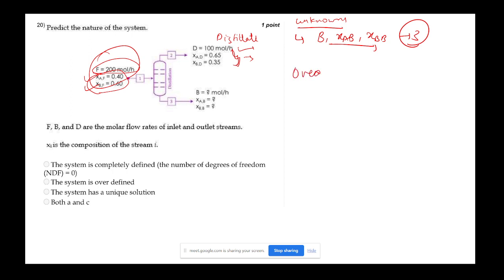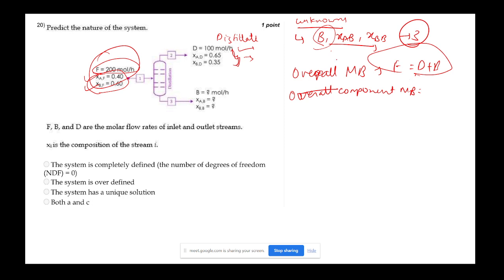One, you will have the overall mass balance, which is nothing but F equals D plus B. Once you solve, you will be able to get B. Then you have the component mass balance, which you can write for either A or B. Once you write the A or B mass balance, you will be able to get either X_AB or X_BB.